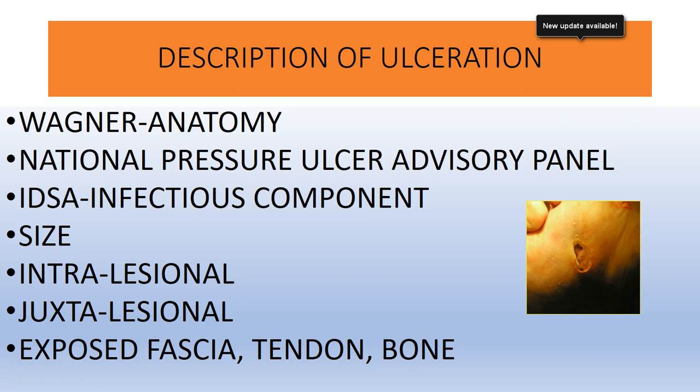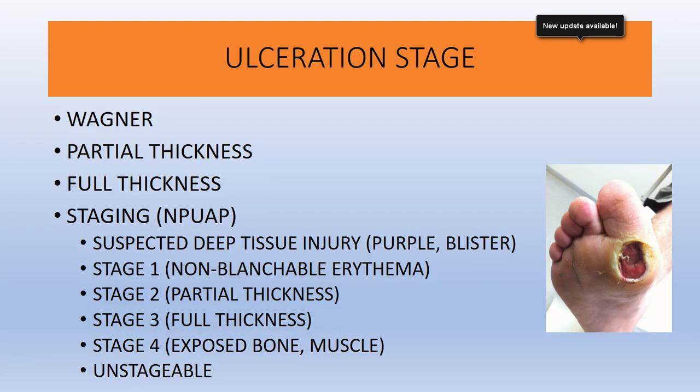We want to describe the characteristics intralesionally of the ulcer, as well as the adjacent skin, foot and leg, and the presence or absence of any exposed fascia, tendon, or bone. So the Wagner classification is typically utilized.